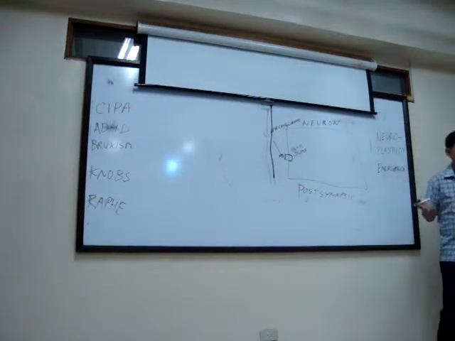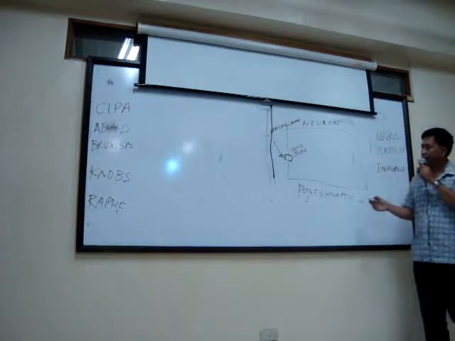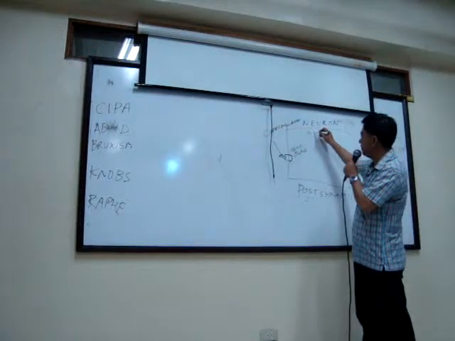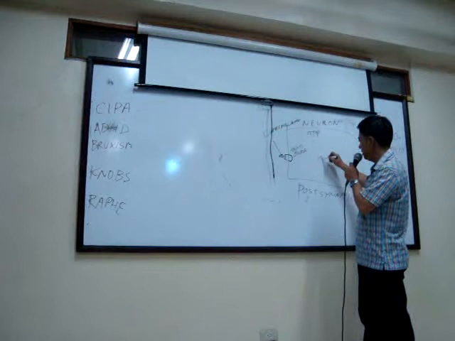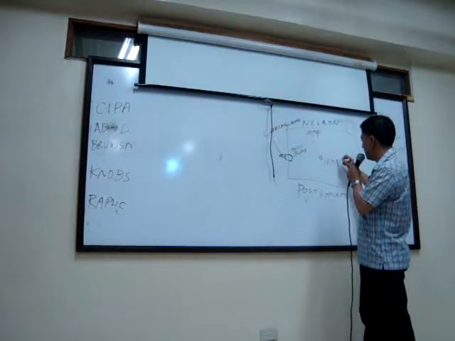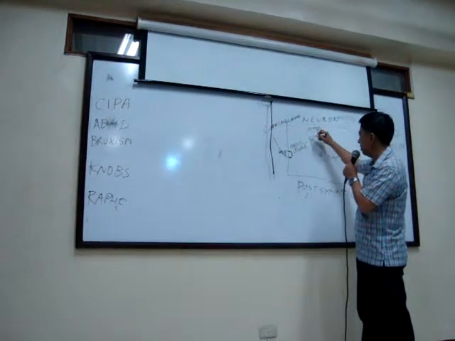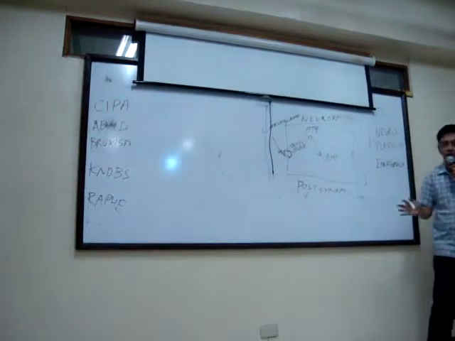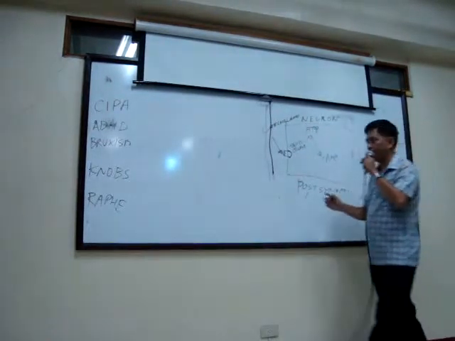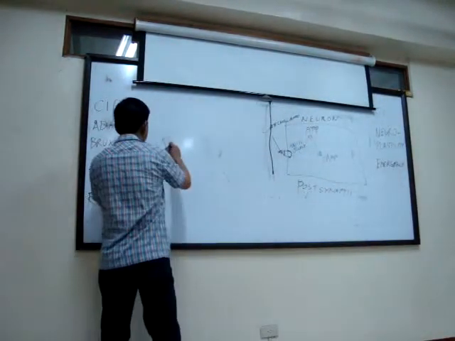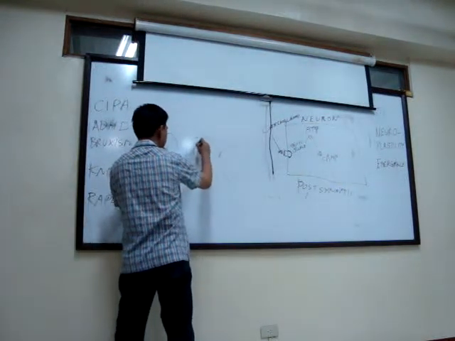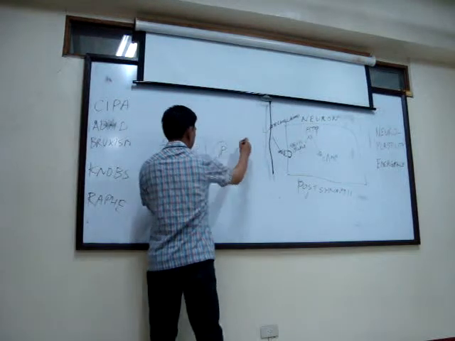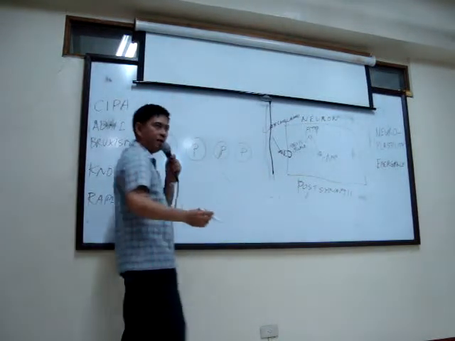Adenylyl cyclase is the one responsible for converting ATP to cyclic AMP. How does this happen? Are you all still with me? Remember ATP, how many phosphates? 3, right? This is ATP.